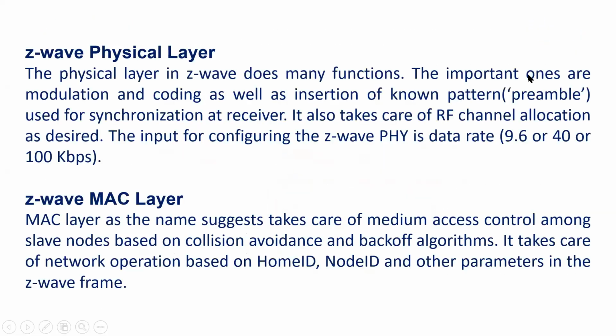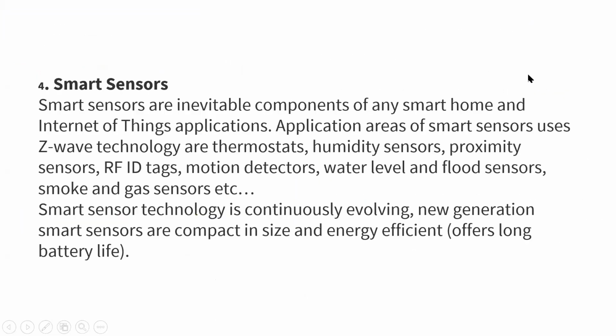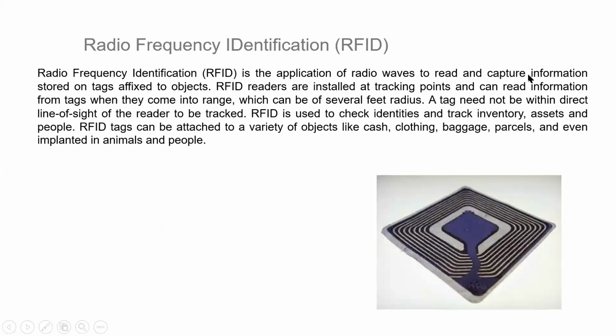First we will go to a smaller part of your syllabus, which is nothing but RFID. First we will complete RFID, and then we will move to Zigbee short range communication.